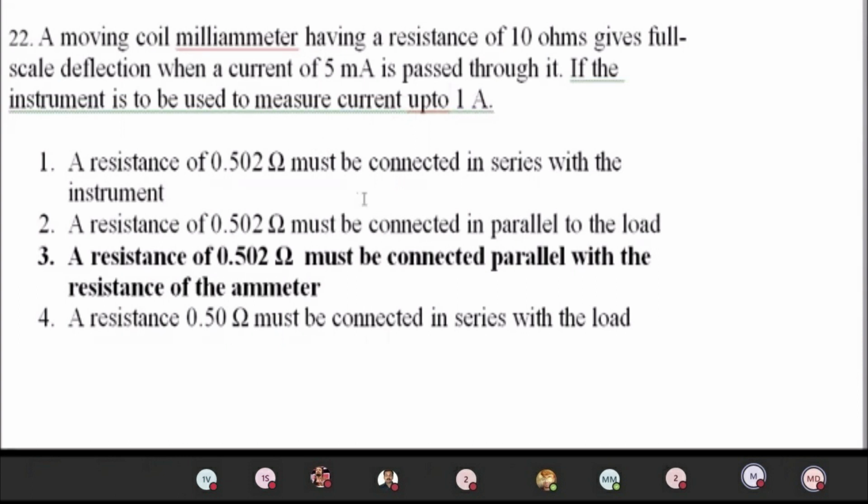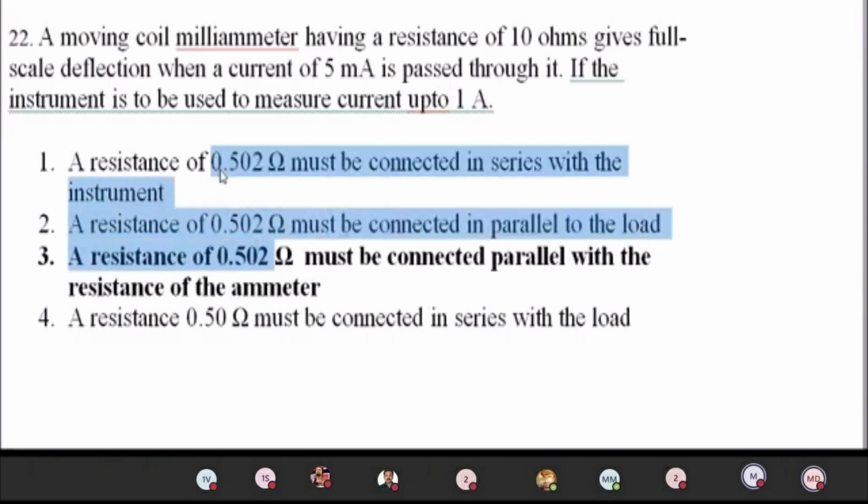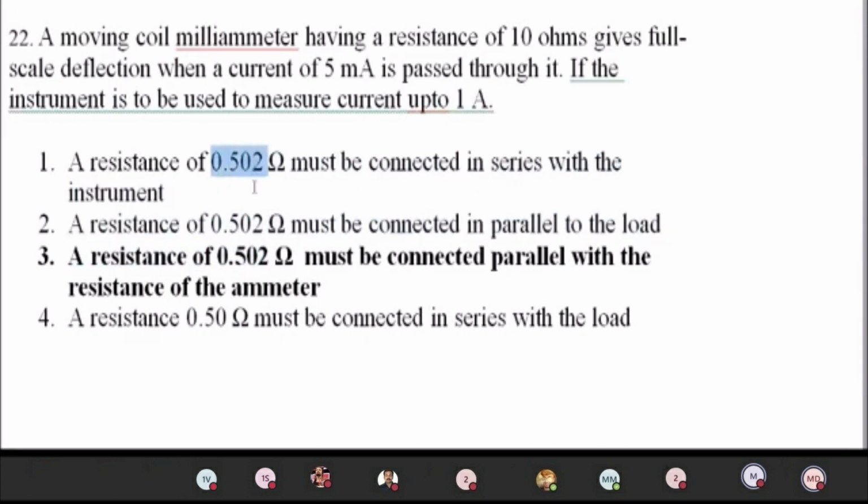Now here, you need not go for any calculation. Why I am saying this is, if you watch all the 4 choices, you can see all has same resistance value. So you need not do any calculation. You can directly give the answer. If it is an ammeter, means resistance must be connected in parallel.